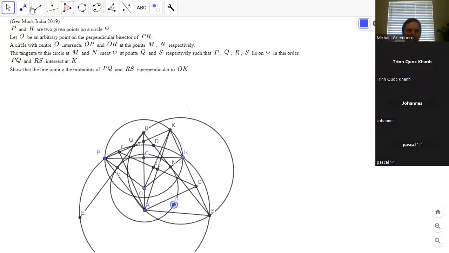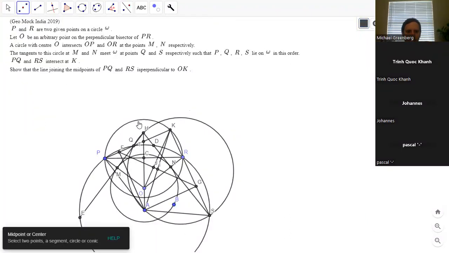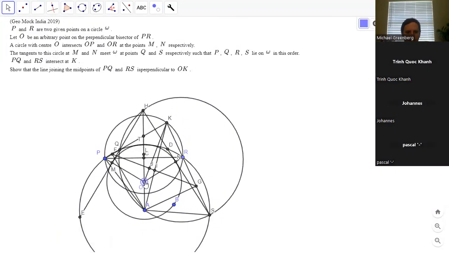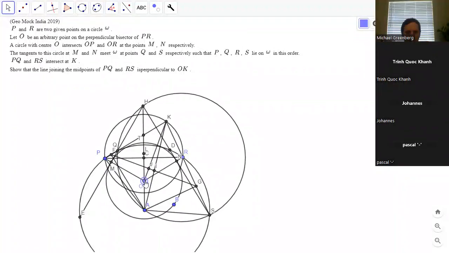Let's draw the center of it. See what the antipode of K is.